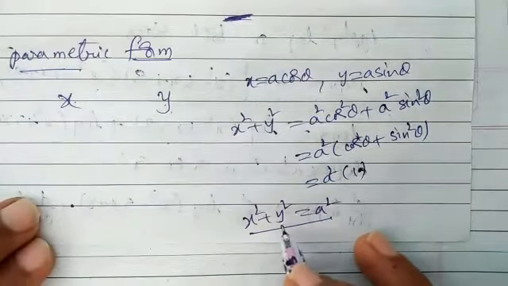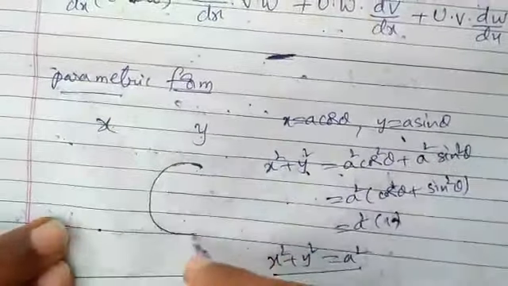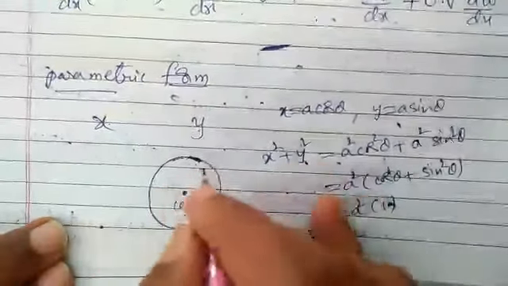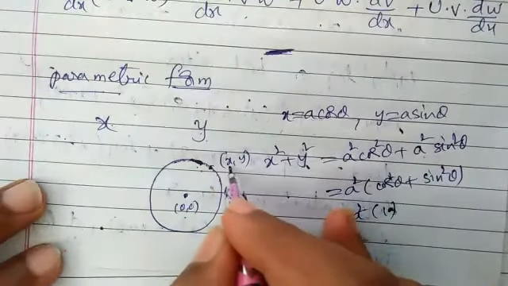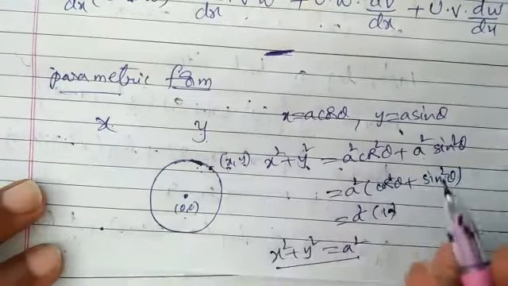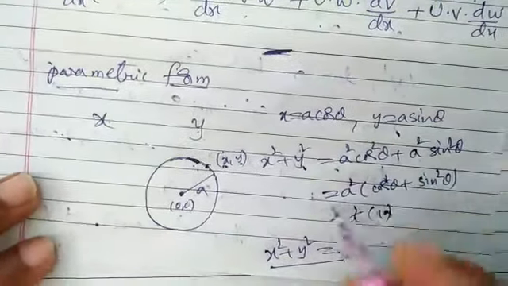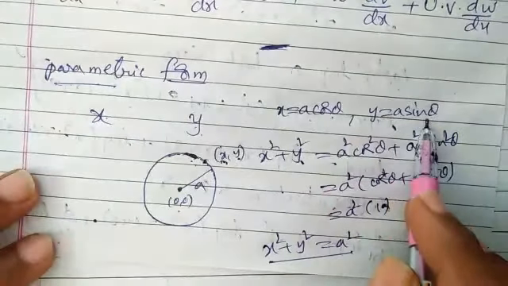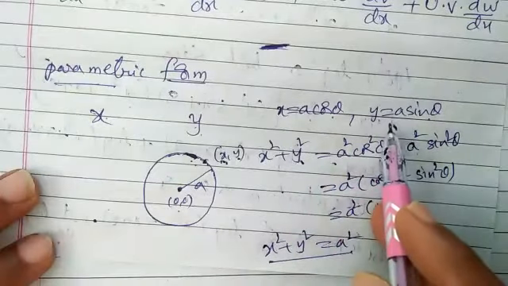If a circle has center 0, 0 and the locus point is x, y, and sometimes we take the parameter for this circle, if the radius is a units, then you can consider x equal to a cos theta, y is equal to a sin theta. So all these come under the parametric condition.